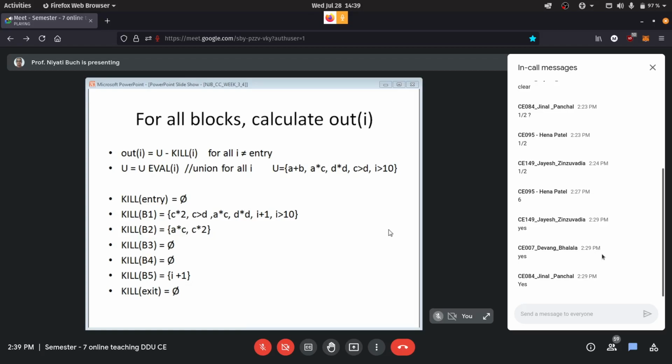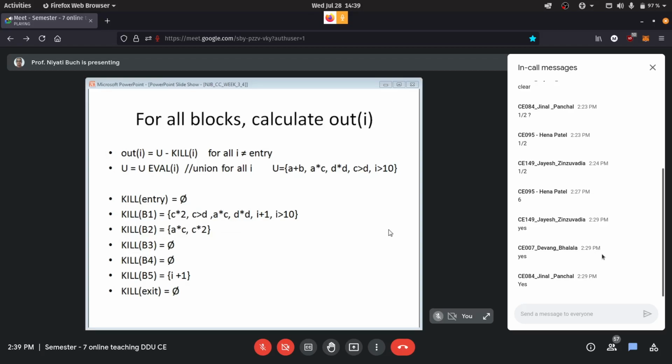If you have the computation from the previous session, you can just use it right now: A plus B, A into C, D into D, C greater than D, and I greater than 10. These were the expressions in our union of eval. Kill sets we also knew: kill of B1, B2, and B5, and apart from that, all of them were null. Any questions up to this? This is what we had done in the past, and now we are using it in our algorithm.